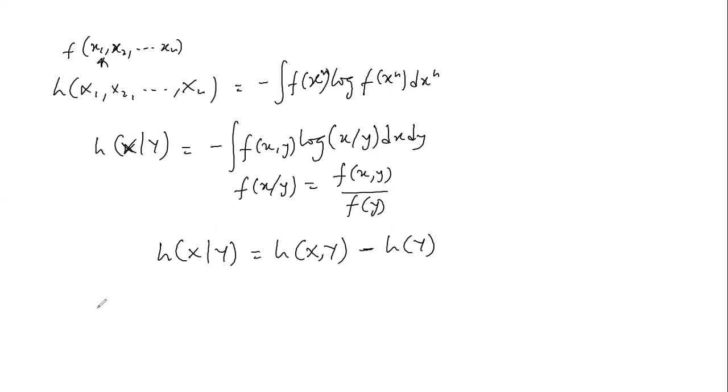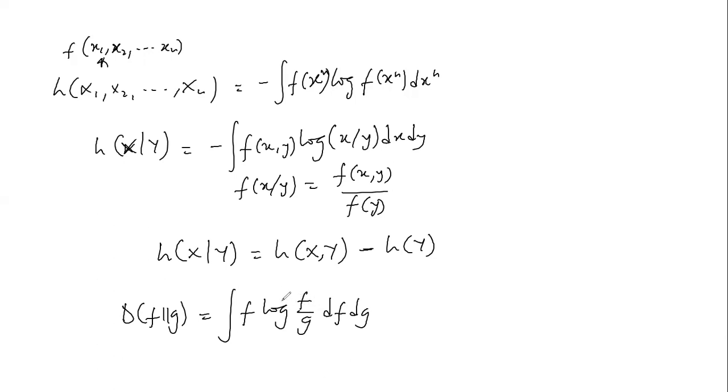And then the relative entropy also follows directly, which is the Kullback-Leibler distance between two densities, F and G, the same as the integral of F log F over G, okay?